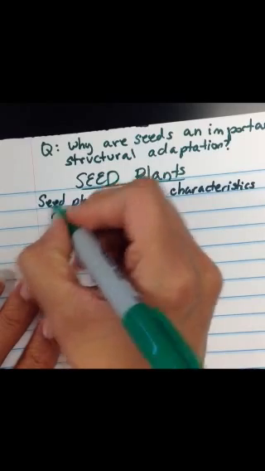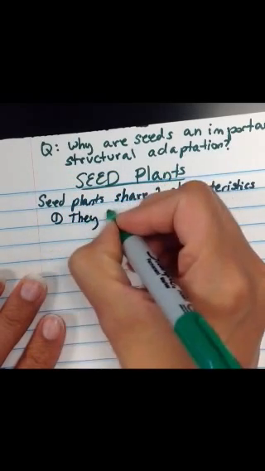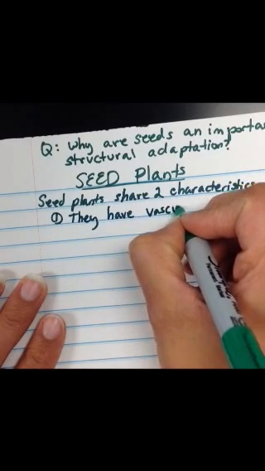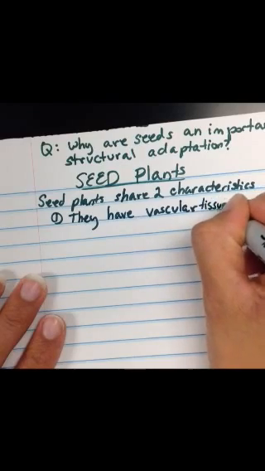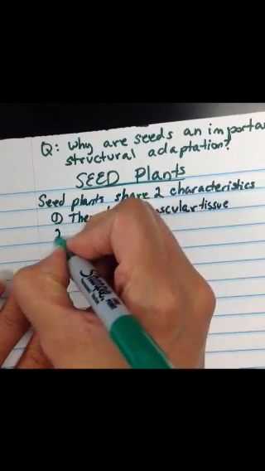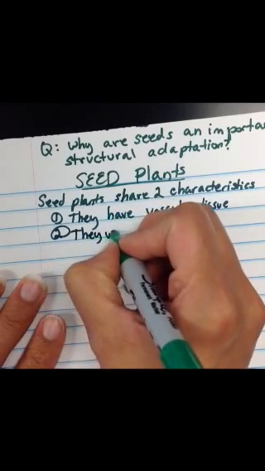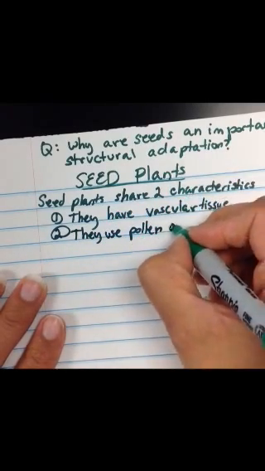They all have vascular tissue, in other words, xylem and phloem. And they use pollen and seeds for reproduction.